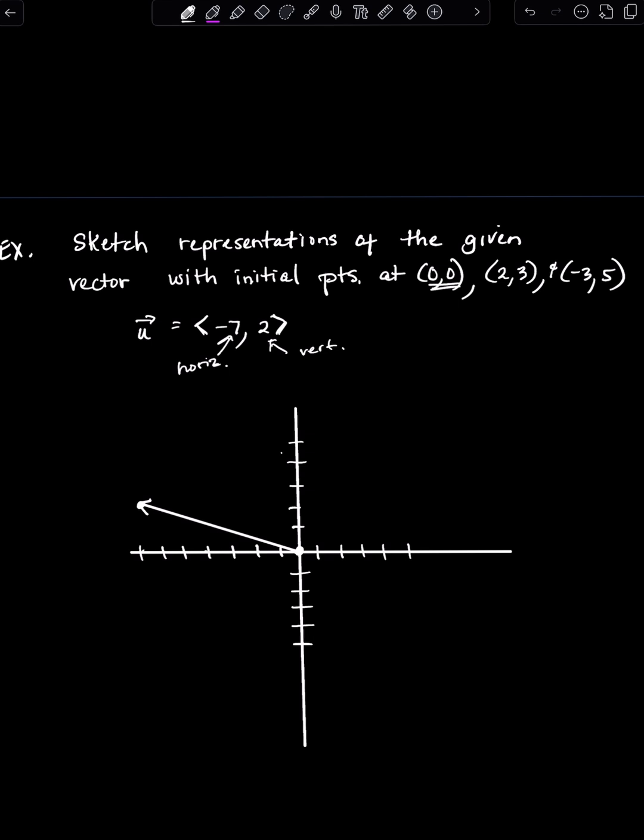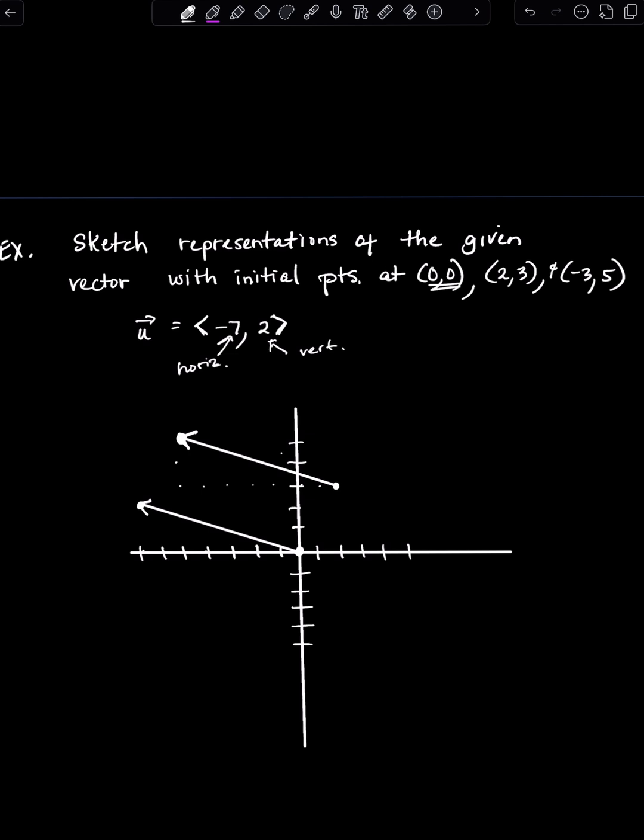Now, I could have also started my vector at 2, 3. So here is 2, 3, my initial point there. I'm going over 7, 1, 2, 3, 4, 5, 6, 7, and up 2. Now let's do the last one. Our initial point is at negative 3, 5.